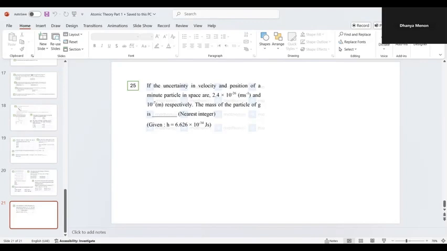They have mentioned the uncertainty in velocity and position.